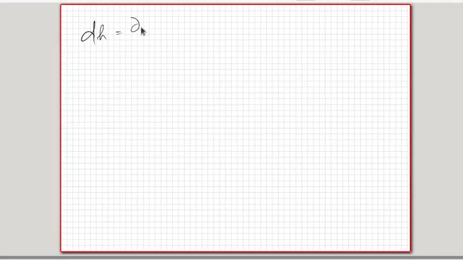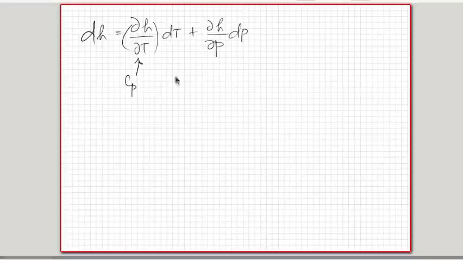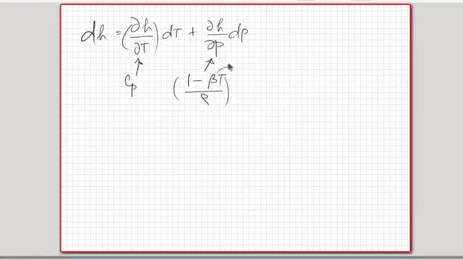dH is del H by del T into dT plus del H by del P into dP, and this we know is Cp, and this, from the Maxwell relations, we should be able to show is equal to 1 minus beta T by rho, where beta is the volumetric expansion coefficient and rho is the density.